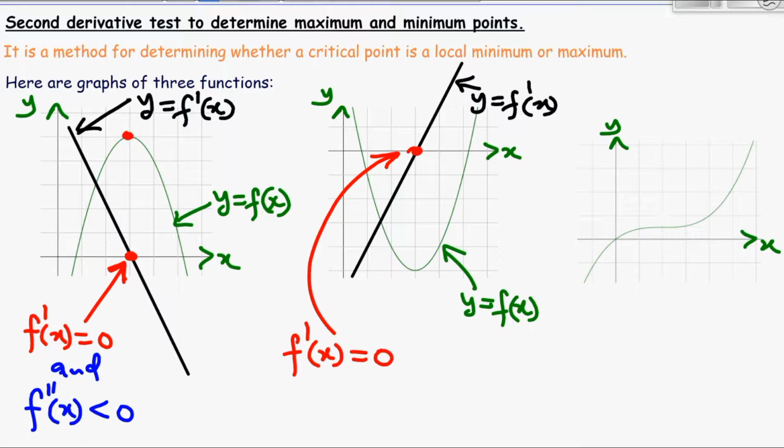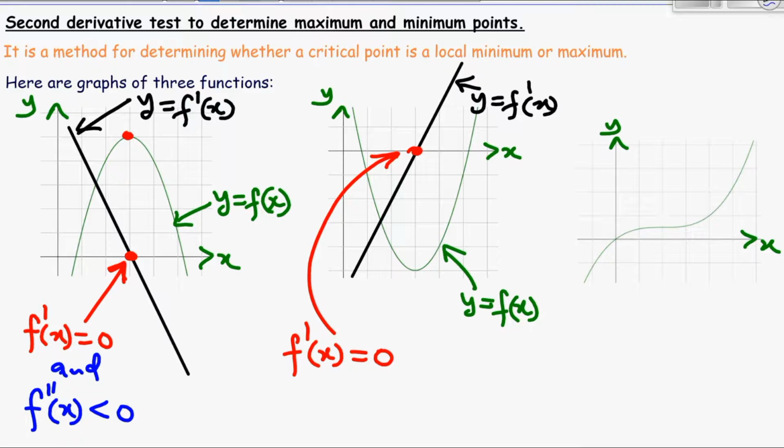We can see that at this point the gradient function is equal to 0, and then we can also notice that at this point here, the gradient of the gradient is greater than 0, because this is a straight line with a positive gradient.